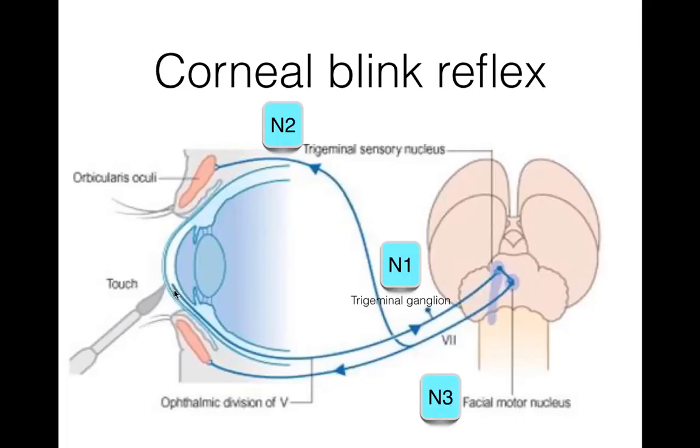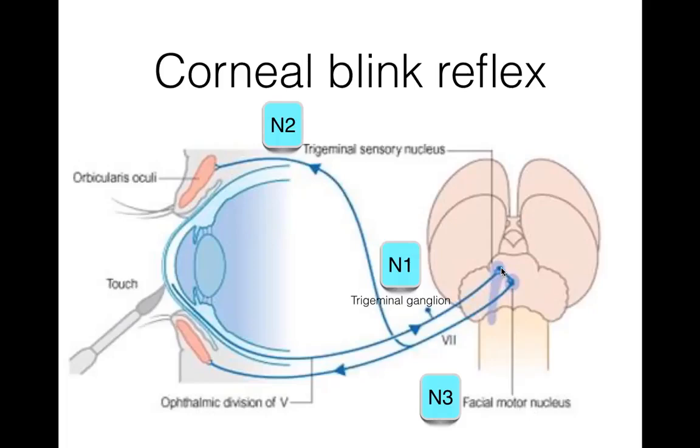receptors that eventually activate the trigeminal nerve. Now, this trigeminal nerve forms the nucleus, what we call the trigeminal ganglion, which is the N1, and then eventually sends out axons that would terminate in the brainstem.